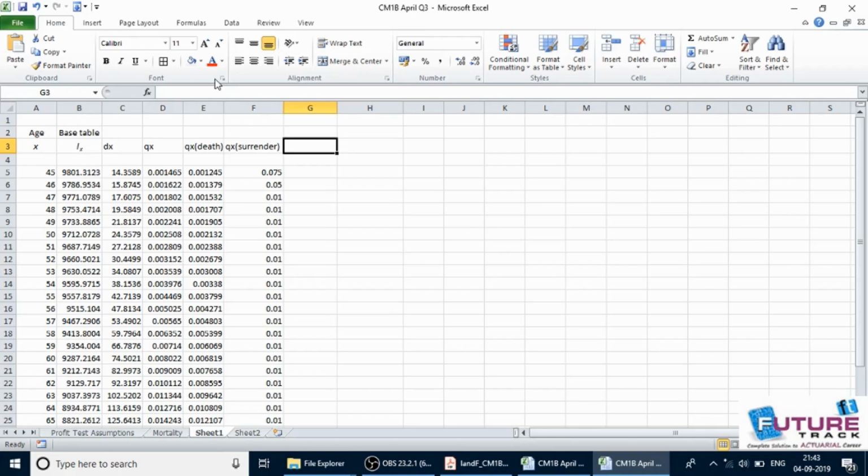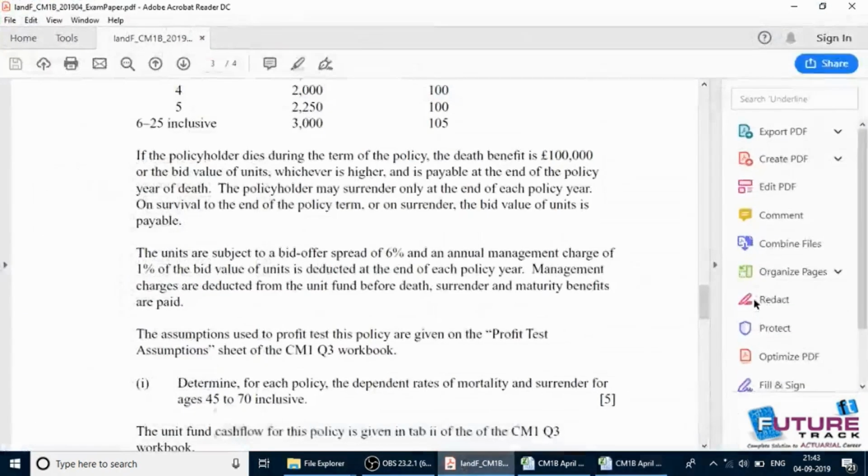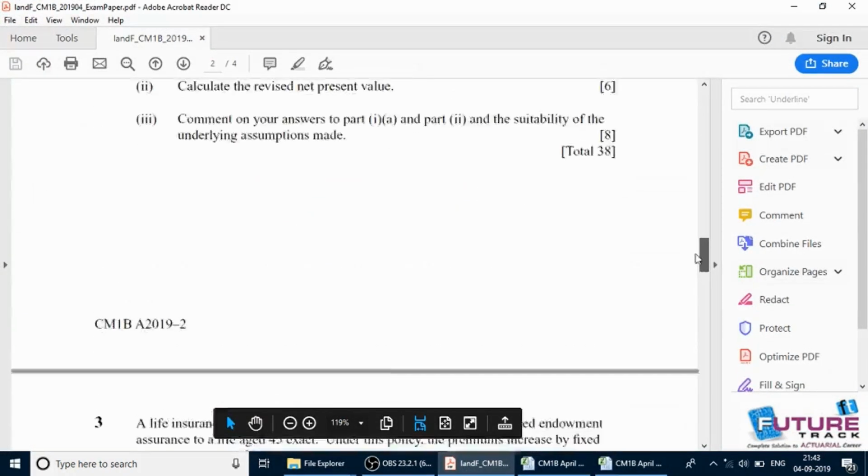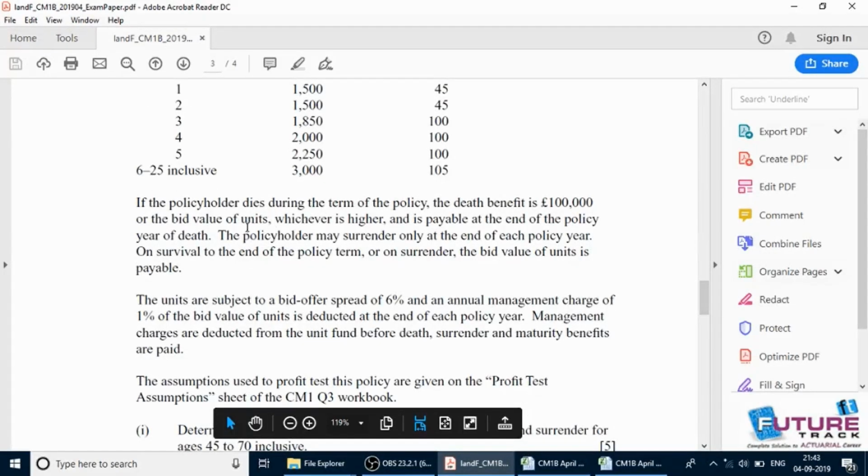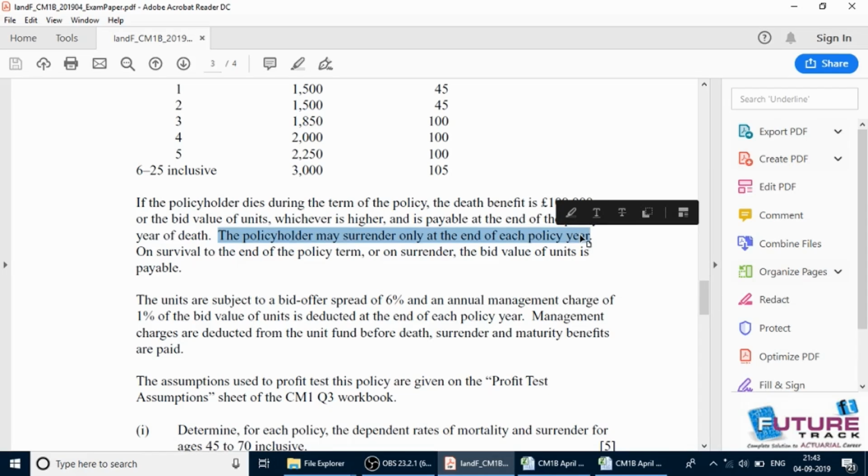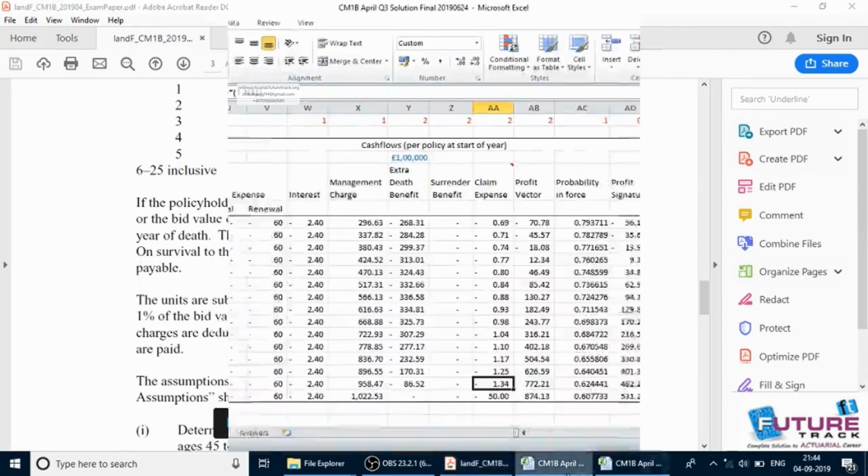Now class, in the question it is mentioned we can have surrender only at the end of the year, right? So that means if the policyholder may surrender only at the end of the year, between x to x plus 1 there is only one decrement, that is death. So that means the independent and dependent rates are the same.